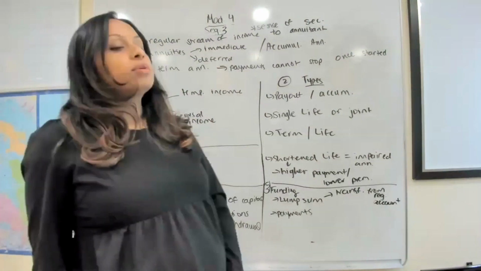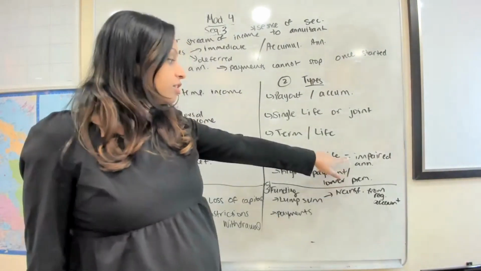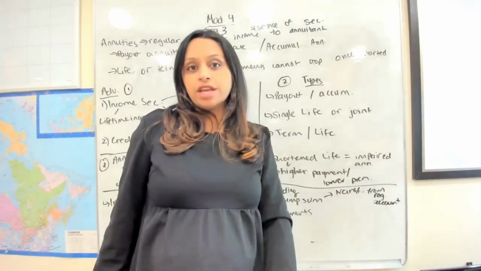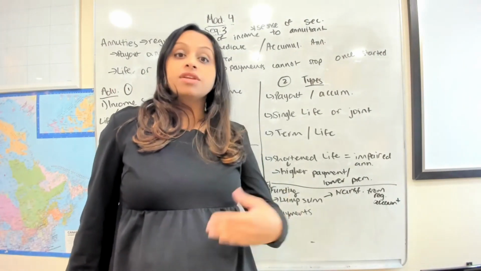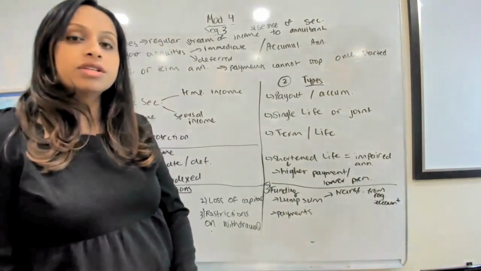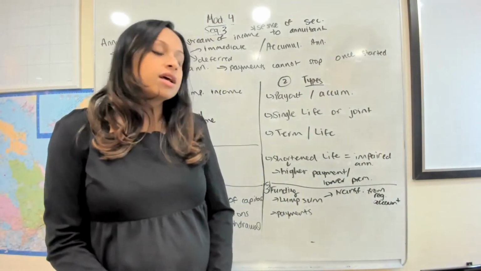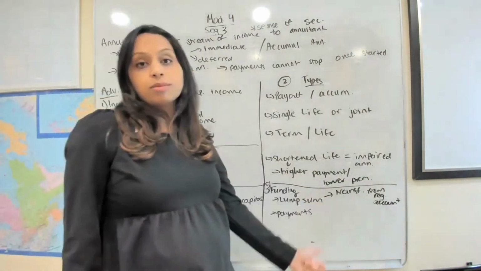Now, another thing to remember with the types is if someone has a shortened life, that's considered to be an impaired annuity, and you do need a medical certification to show that there is a logical medical reason why that person has that shortened life. If they have some sort of disease or illness, then they would be able to get higher payments and a lower premium, right?